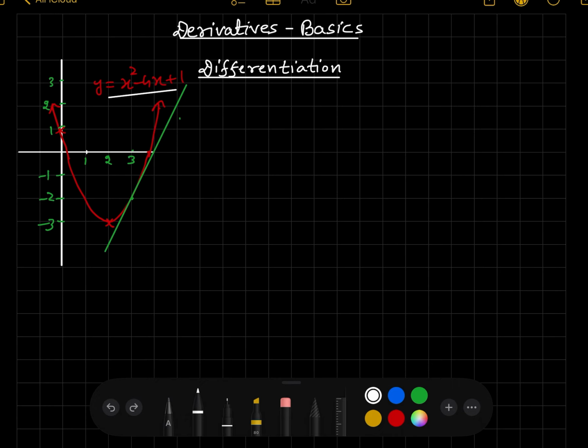But as soon as I reach this point, the vertex of this function, my graph starts increasing, my value of the function starts increasing. That is why this vertex is called the turning point of this quadratic function.